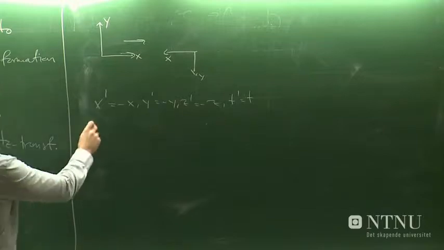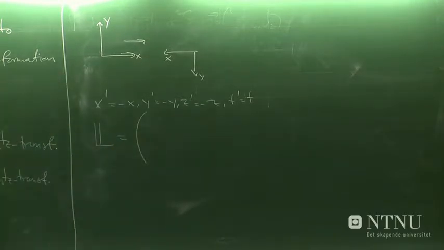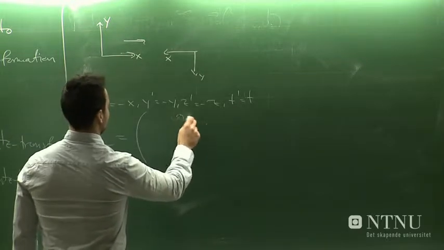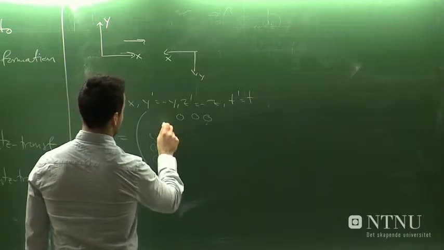So what is the corresponding Lorentz matrix? Does it have any off-diagonal entries? No. Okay. We should have something here.